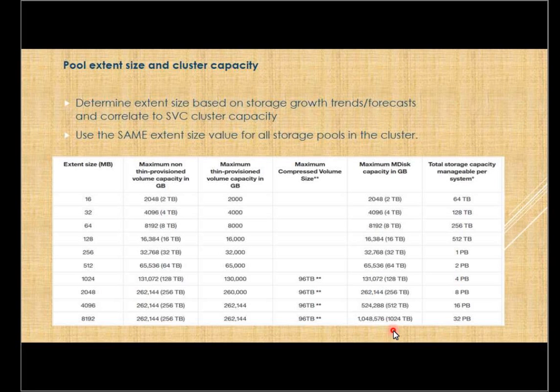So this picture clearly shows us. In case we are having extent size as 1 GB, the total storage that we can have is 4 petabytes. In the fully configured SVC storage, storage pool size can be up to 4 petabytes. No, it is total storage capacity in fact. 4 petabytes can be the total storage capacity of the complete cluster.